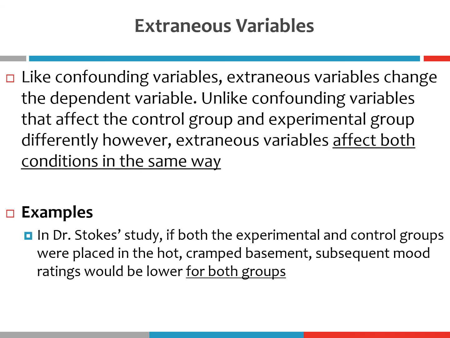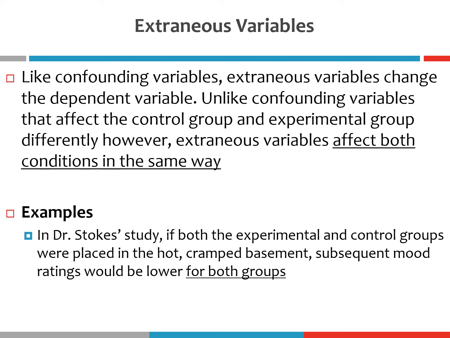Okay. All right, so now that we've talked about confounding variables at length, I wanted to introduce a related concept called extraneous variables. Okay? So like confounding variables, extraneous variables are going to alter or change the dependent variable. So they're just as bad as confounding variables, okay?